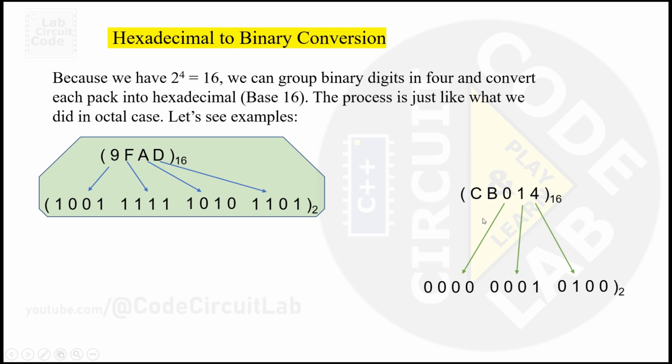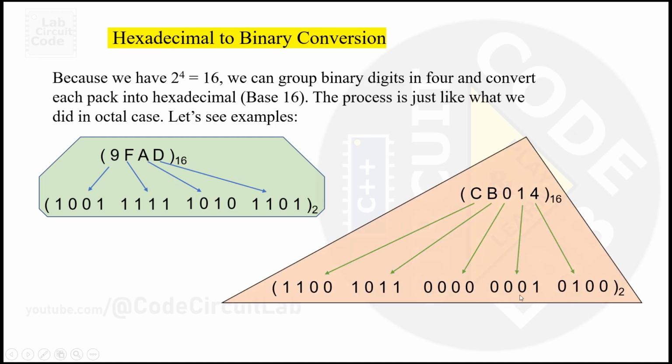A B is 1011 and a C is 1100. So as you see here, a number of this length is actually converted very easily and very quickly into binary. So every digit in hexadecimal is equal to 4 digits in binary.